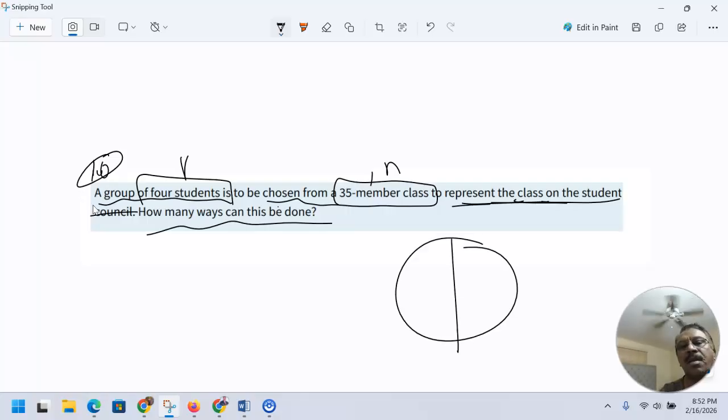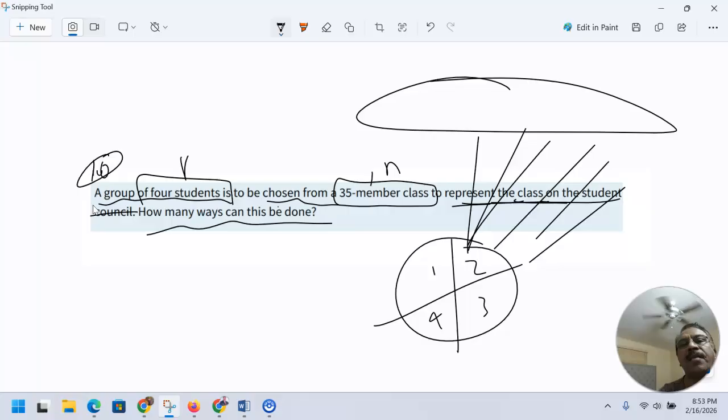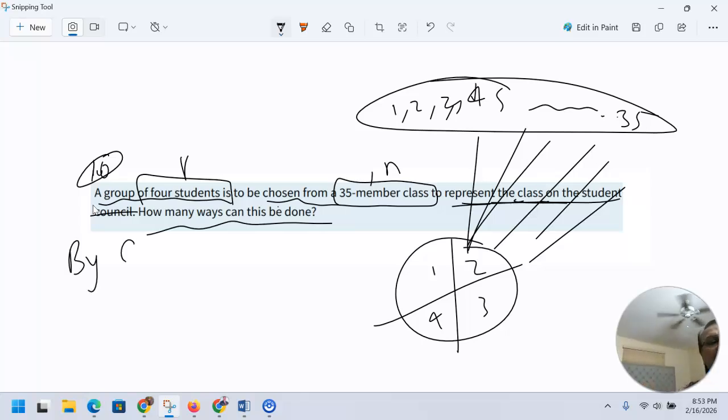That means you need four students, one, two, three, four, and these students you need to get from a group of 35 members. Like this, there are 35 of them. So how do we do this? All you do is the same thing, the combination formula.